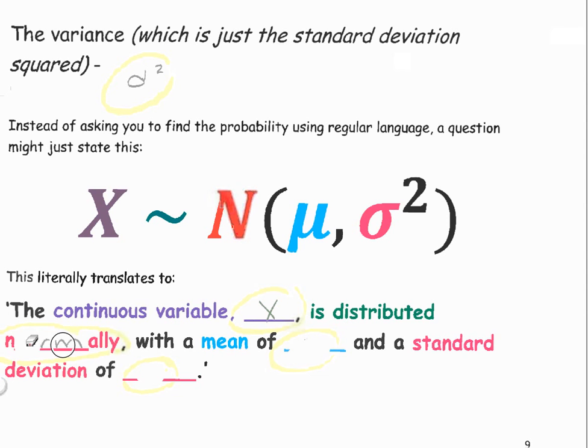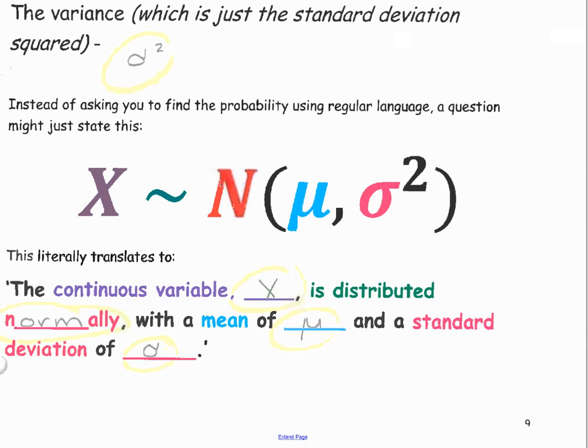So the continuous variable X is distributed normally with a mean of mu, of course, and a standard deviation of sigma. Ignore the squared part, it's just saying that the standard deviation is sigma. So you're going to start to see some questions written like this. This means the continuous variable X is distributed normally with a mean of mu and a standard deviation of sigma.